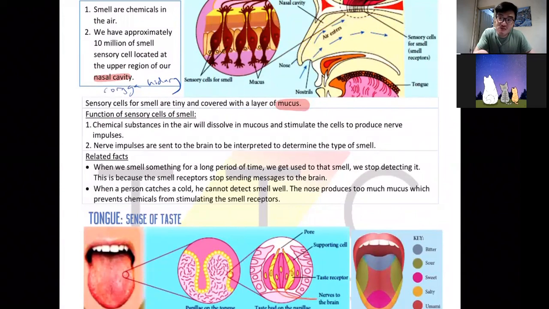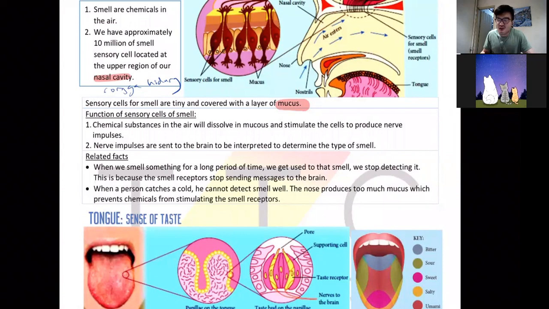You learn this in Form 2, Chapter 4, your three lines of body defense. This is the first line. Your body produces mucus to trap all the bacteria. So now there's a traffic jam. There's so much mucus that when the smell dissolves in the mucus, it cannot reach the receptor. That's why you don't smell anything.